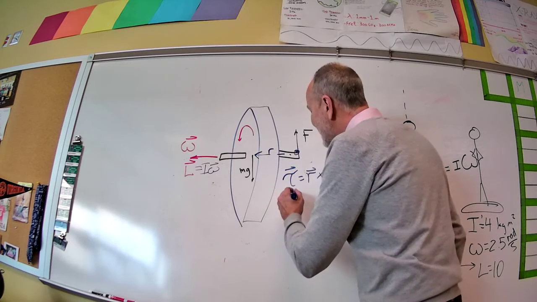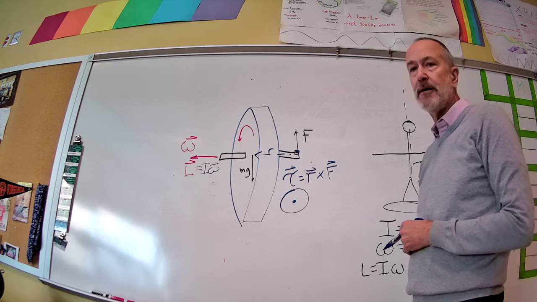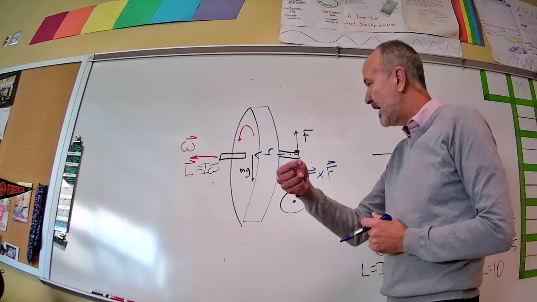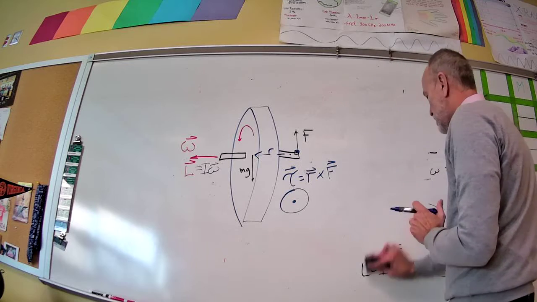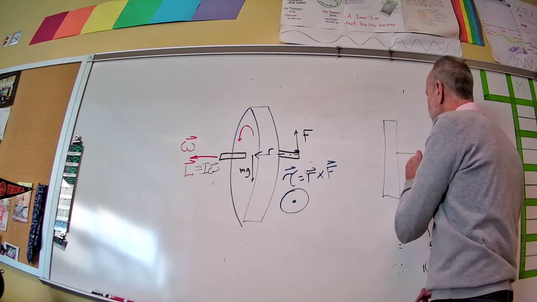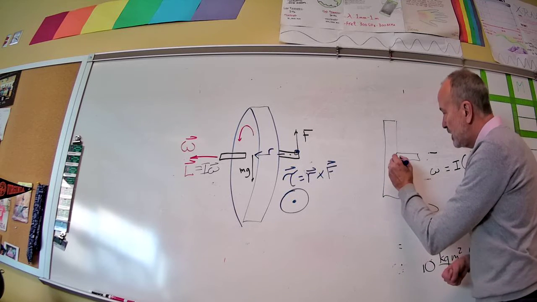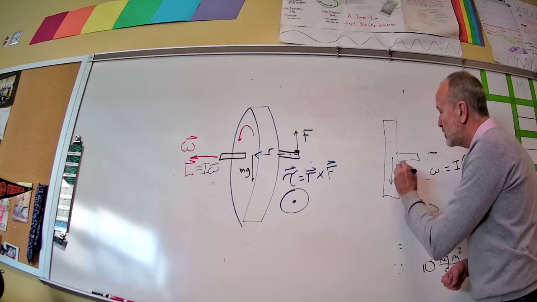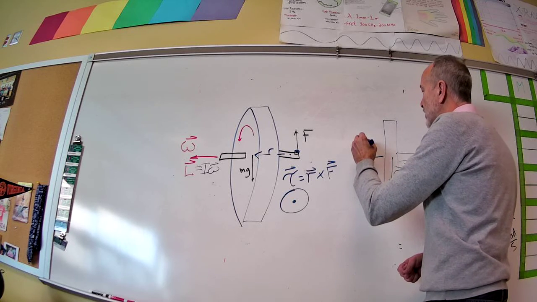So the torque is out of the board. The symbol we use for out of the board is that right there. Okay, it's like an arrow coming at you. If we wanted to look down on this, it would look like this. If we're looking down on the wheel, the direction of the torque, again, is in this direction. That's the torque direction. The L is in that direction.